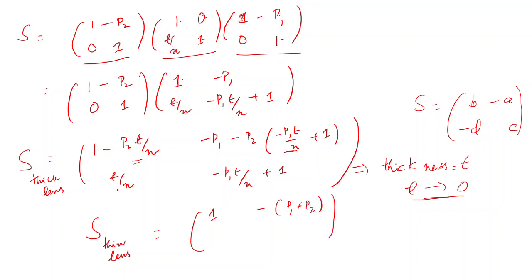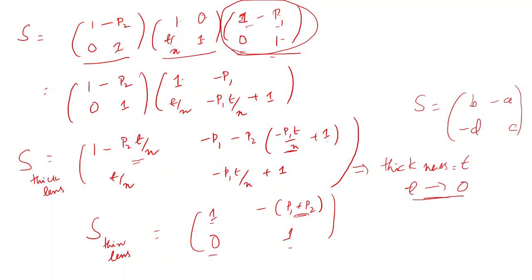And then here I would have 0, here I would have 1, right? So notice that if I have a thin lens, basically it looks like a refraction matrix. The refraction matrix itself is like this: 1 minus power, 0, 1. So here I am getting the same thing, 1 minus something, 0, 1, right?